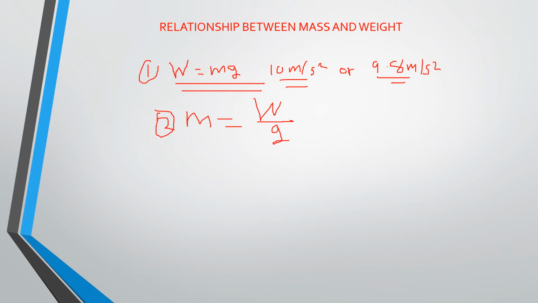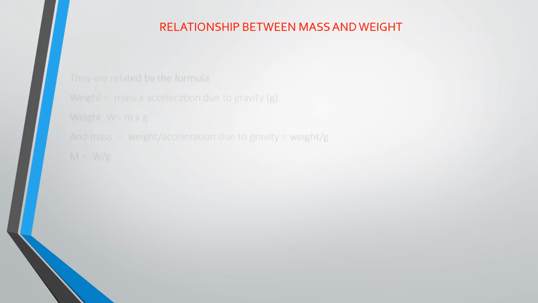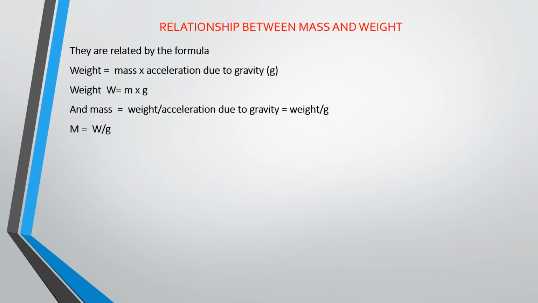So right away we are going to solve some problems to drive home what I've just discussed. You can put this in your notebook: mass and weight are related by this formula, weight equals mass times acceleration due to gravity, g.